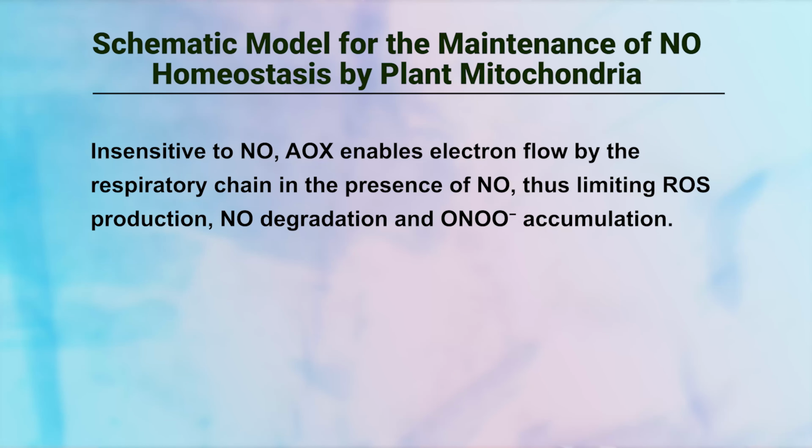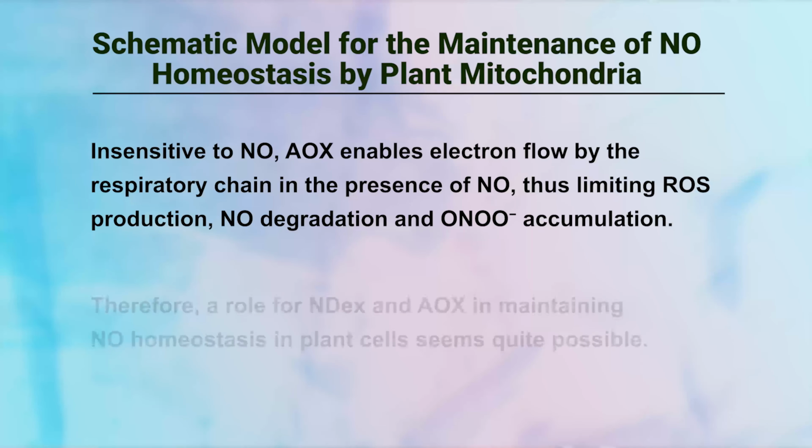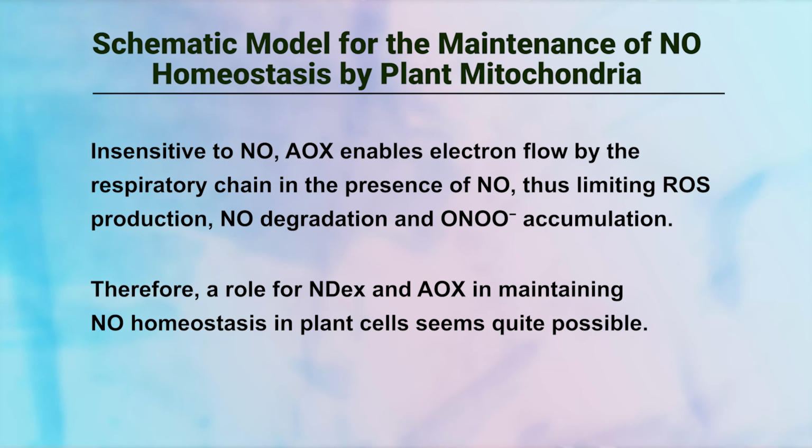Insensitive to NO, AOX enables electron flow by the respiratory chain in the presence of NO, thus limiting ROS production, NO degradation and peroxynitrite accumulation. Therefore, a role for INDH and AOX in maintaining NO homeostasis in plant cells seems quite possible. Steady-state levels of NO are also controlled by the rate of synthesis of this radical.